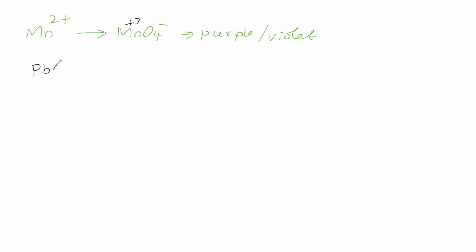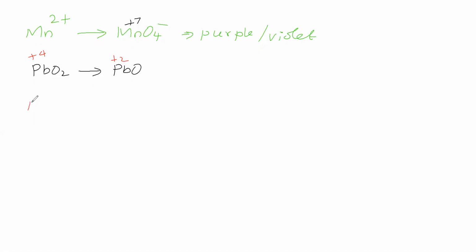That PbO2 is converting into PbO, that is a reduction. Here Pb is +4, here Pb is +2. If you add PbO2, PbO2 undergoes reduction and becomes PbO, whereas manganese is undergoing oxidation.